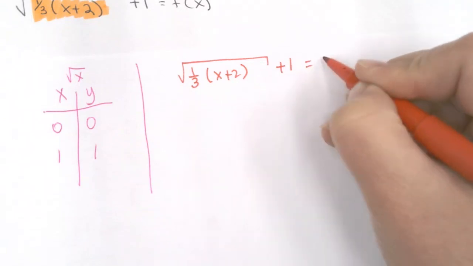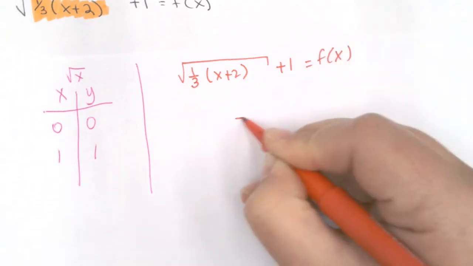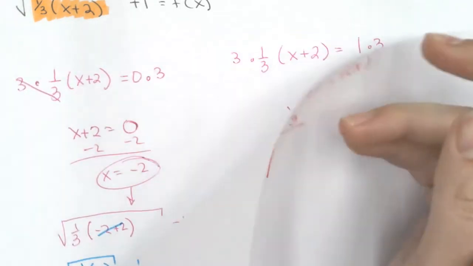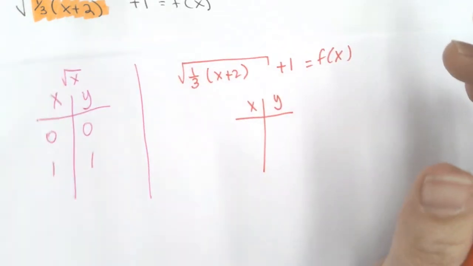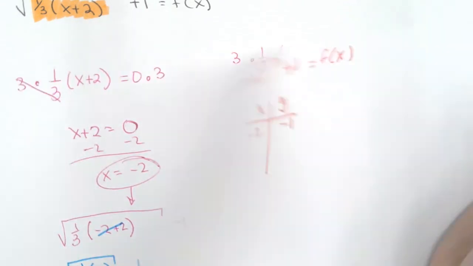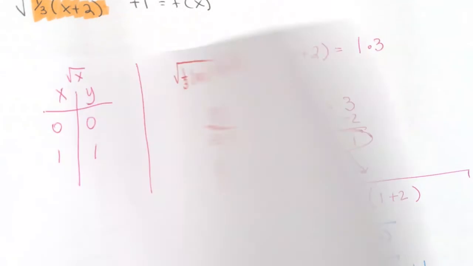We had 2 points that were transformed from the parent function. One of them was negative 2 and negative 1. And then we had 1 and 2.